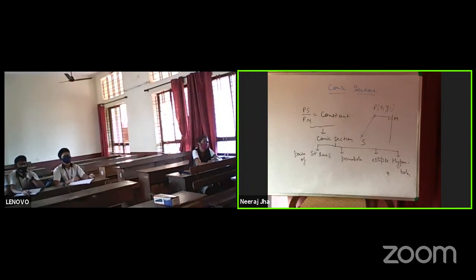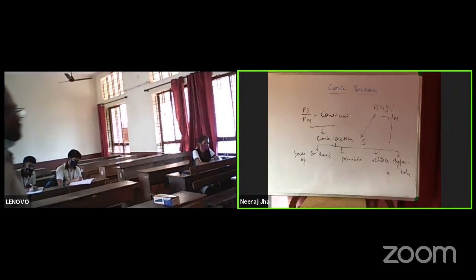We have a conic, we have a point, and that is moving in such a way that its distance from a fixed line and a fixed point is always constant. That means this is a conic section. It may be anything from these given four things. Any doubt in this?